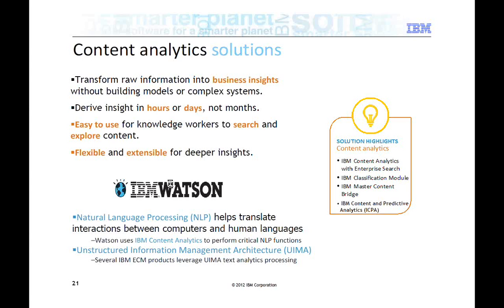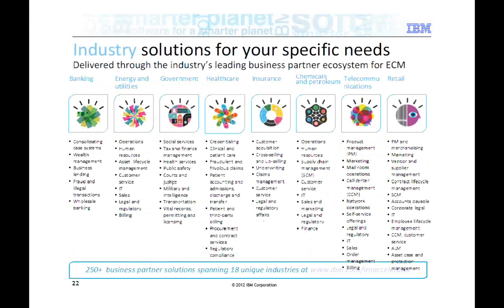So as you know, industry solutions focus, right? The most important aspect of our IBM ECM portfolio is delivering solutions to meet our client-specific needs. It's like the saying, different strokes for different folks, right? Each client will have its own specific need, so you should be able to meet and deliver on those needs.